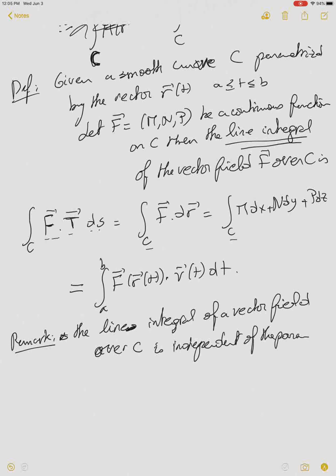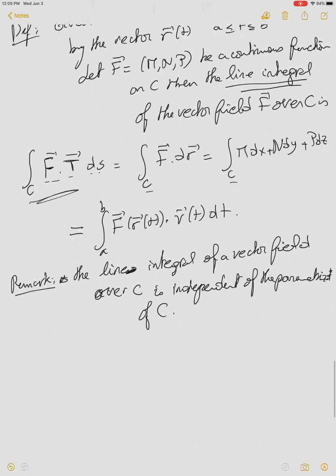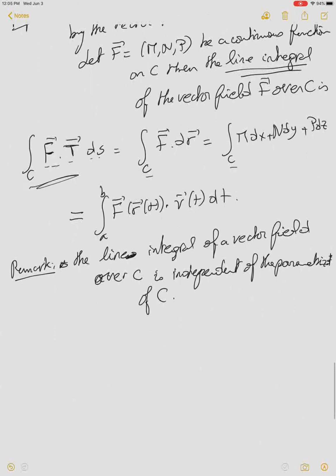It's an exercise to prove. You can see the problem set. I gave you many hints for this exercise. For parameterization of C, as you saw in the previous lecture, you can have many parameterizations of the same curve, but for this definition to make sense, it should be independent of the parameterization. You should get the same answer independently of how you parameterized it, as long as you parameterized it correctly.